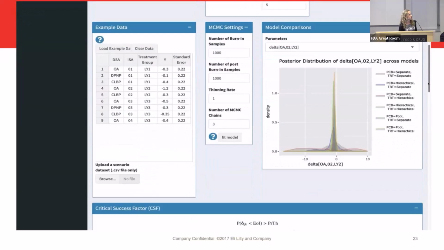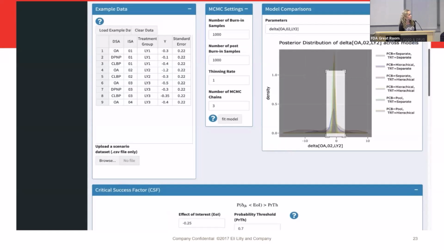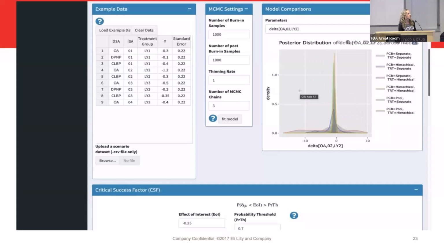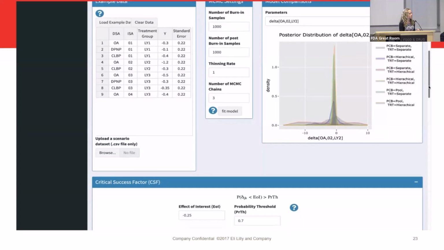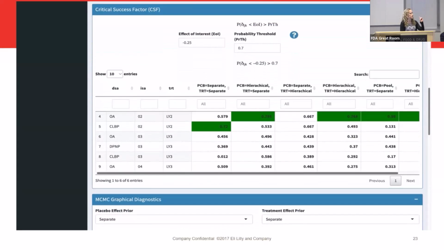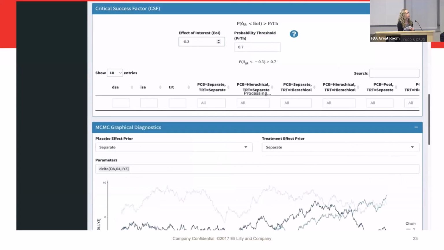And then, as I mentioned, the user can enter the example data, and it will run and provide the posterior distributions, and you can zoom in. Here you're seeing zooming into and looking at the different borrowing approaches. Further down, we can look at the probability of achieving the critical success factor. Maybe the user wants to look at different effects of interest or probability thresholds.